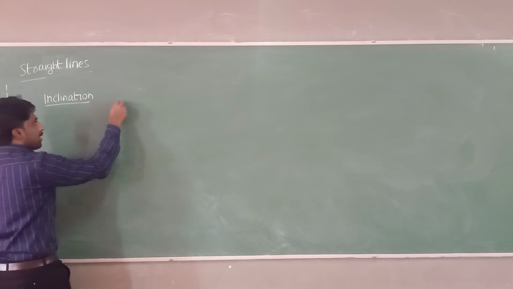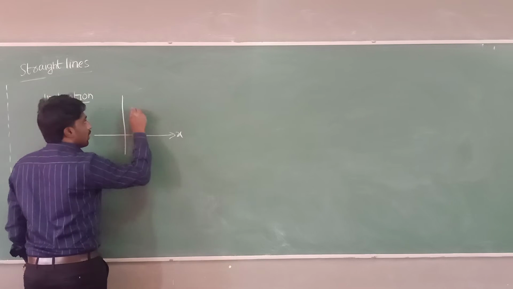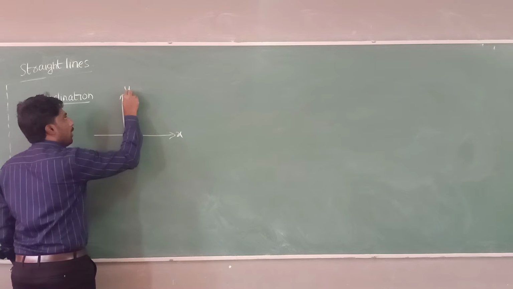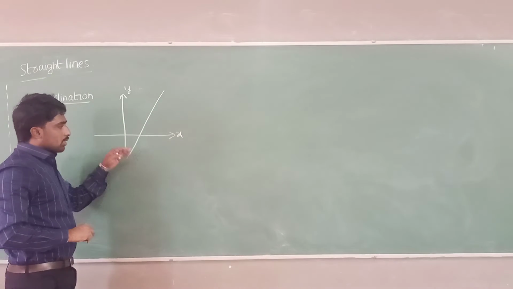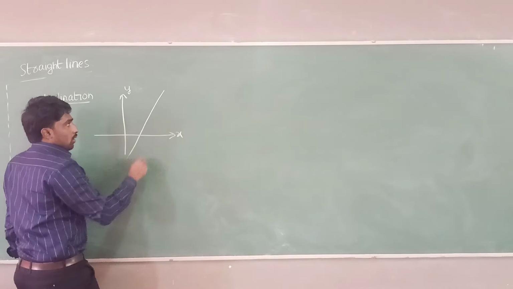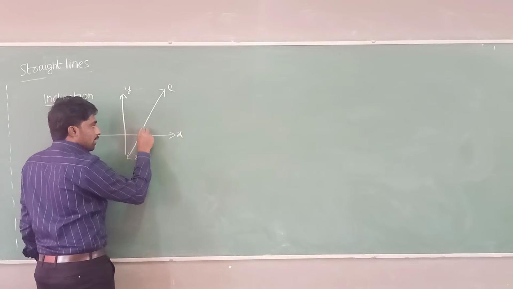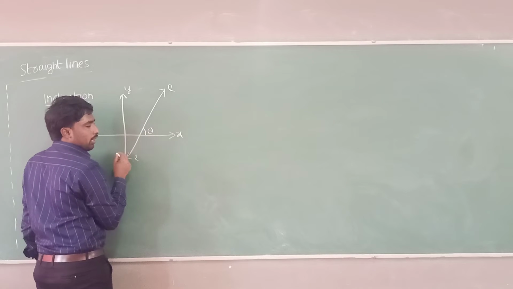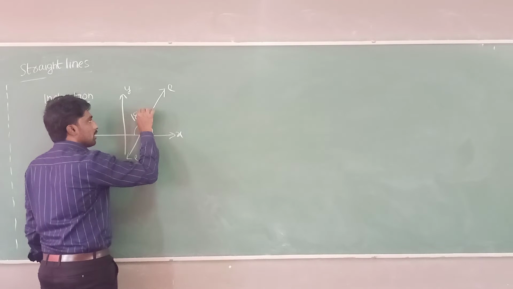I am taking the 2D coordinate system here. So this is the x-axis and this is the y-axis. I am taking a non-vertical line like this. Non-vertical means it is neither parallel nor perpendicular. So this line is L, which makes an angle theta with the x-axis. If this angle is theta, this angle becomes 180 minus theta.